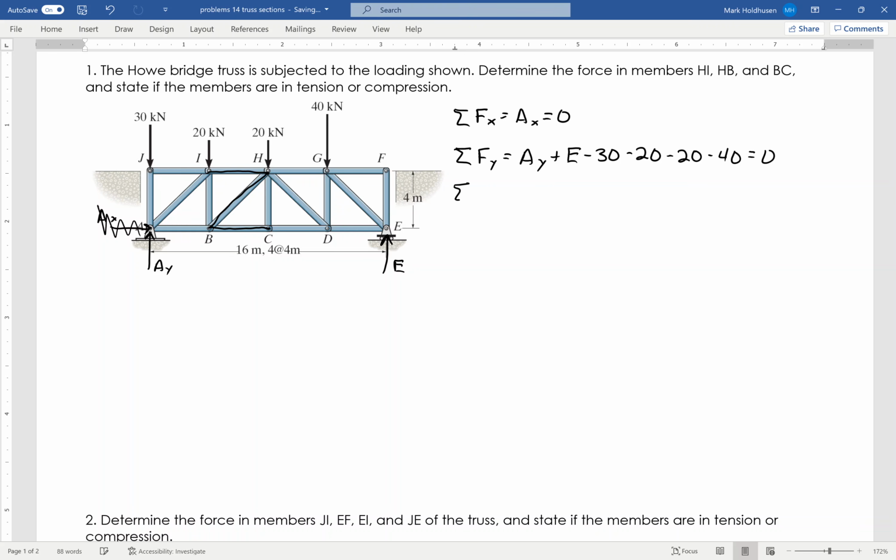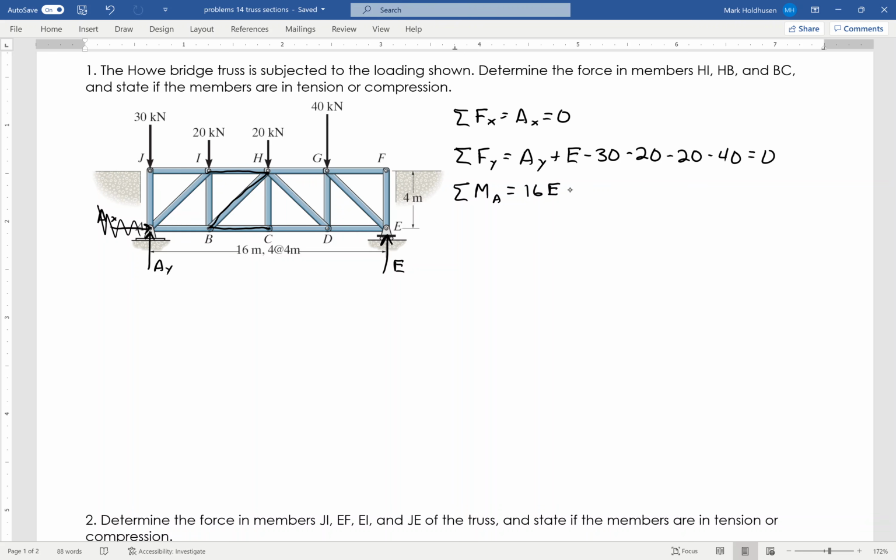And then I've got the sum of the moments. I'll do it about point A since there are two forces there, even though one is 0. The 30 also goes through it. So I'll start with my E, 16 meters over, so it'll be 16 times E. And then I'm going to have these three other moments. The 30 kilonewton goes right through A, but I've got the 20, 20, and the 40, and these are all going to be negative.